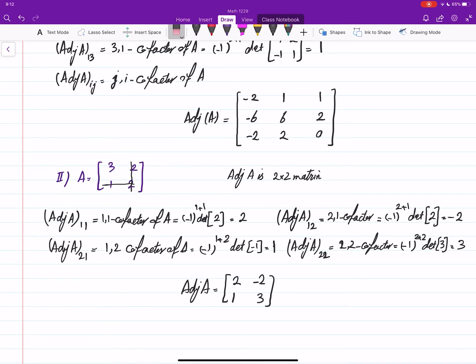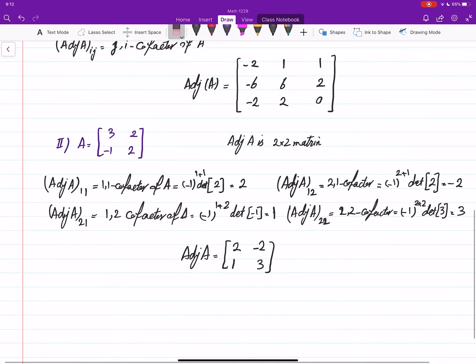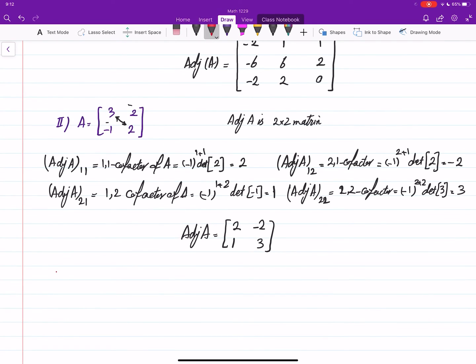So if you check this carefully, what you notice is that in a 2 by 2 matrix, finding the adjoint is basically you interchange the entries on the main diagonal and multiply the off diagonal entries by a negative sign. That is in general, so this is just a remark, and it's easy to find.